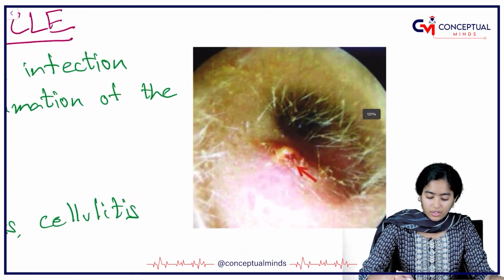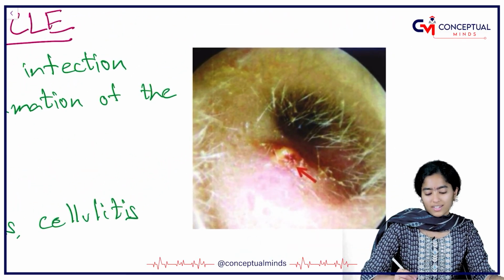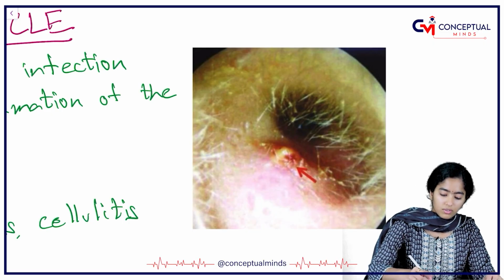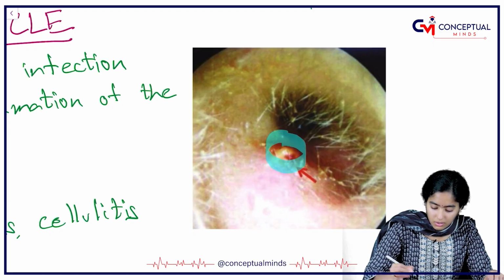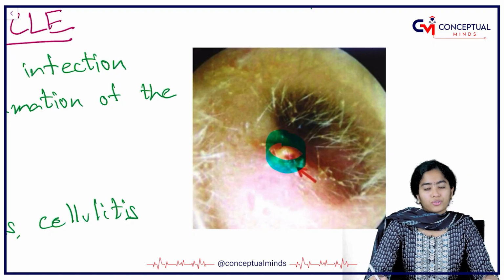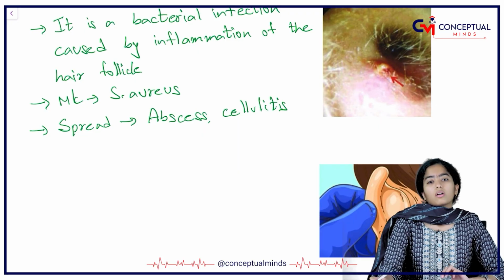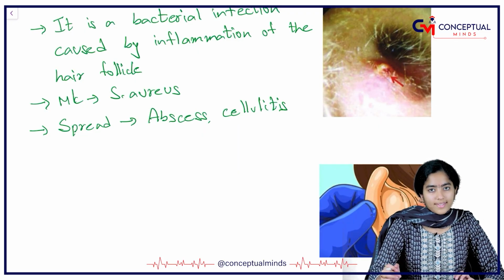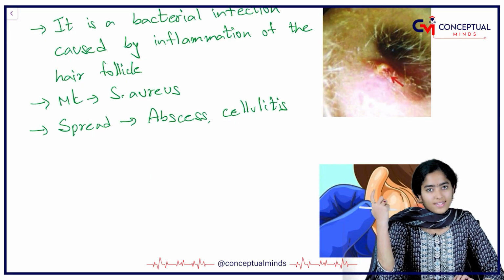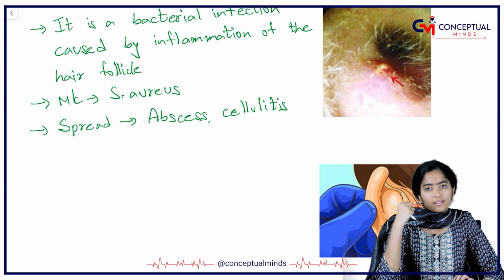And I have a picture here. This is how a furuncle looks like. As you can see, this is an image of the furuncle. So how does this infection occur? The way it begins is because of constant scratching, the external auditory canal undergoes some abrasions.